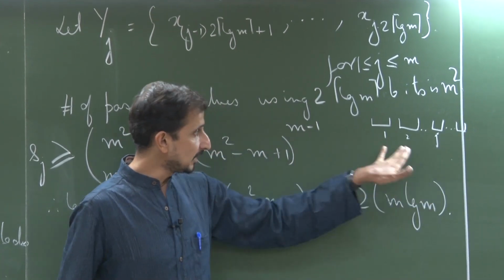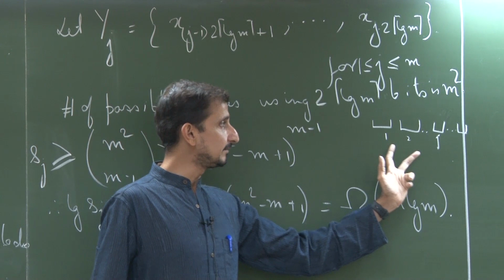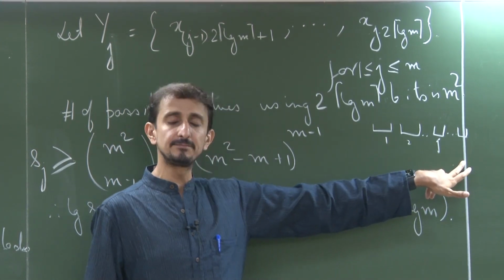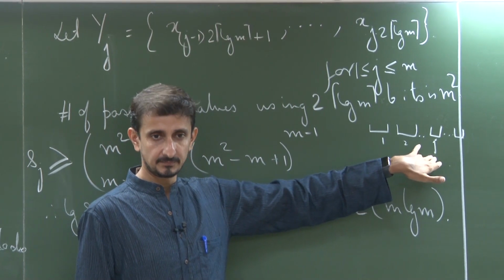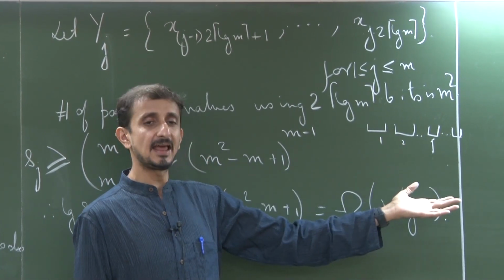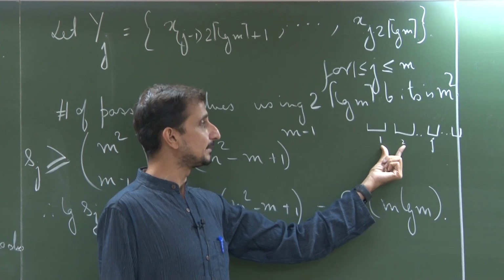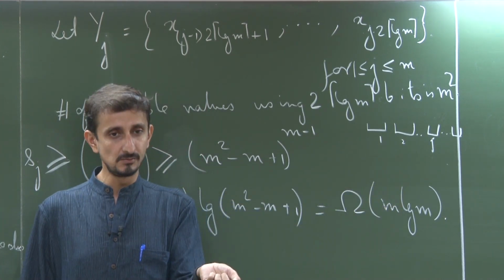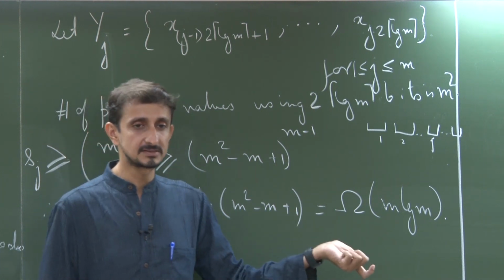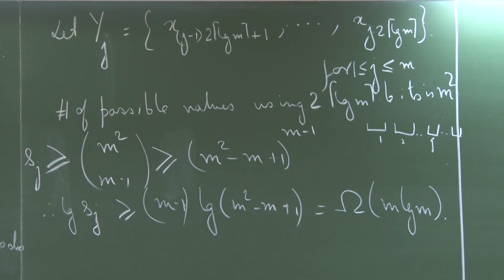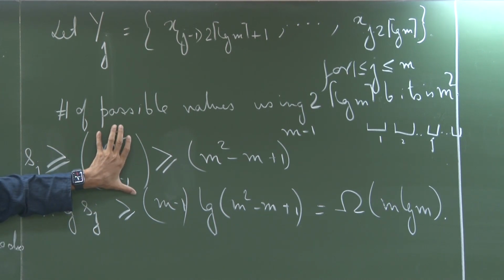Here I am counting that if I have different values for all these other m minus 1 blocks, what value can the j block take. But some of these blocks can also have the same value. Maybe two of these blocks can have the same value. So S j will have more sub functions possible than this quantity.